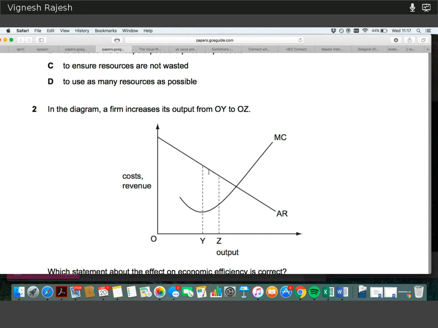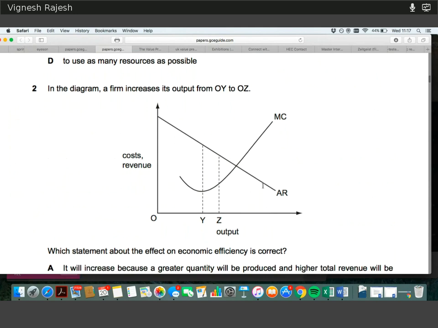And as we move from OY to OZ, the price in this case falls, and the price moves closer to the point at which the AR curve intersects with the MC curve. And if you think of AR as demand, MC as supply, this intersection point is the equilibrium price, or the price at which economic efficiency is maximized.